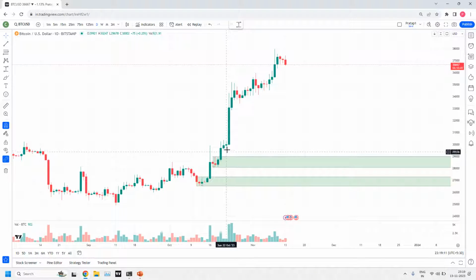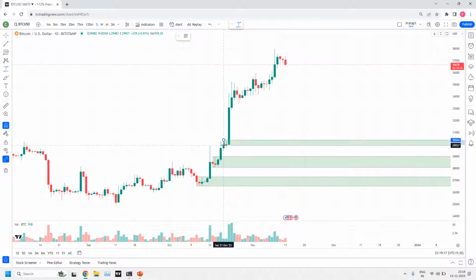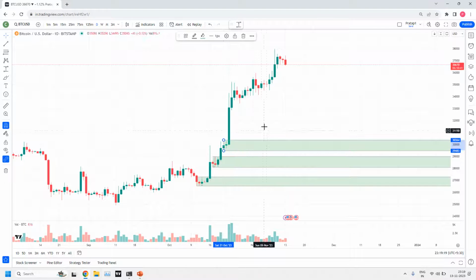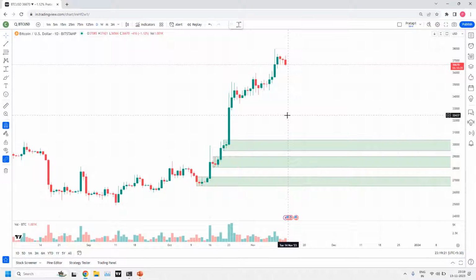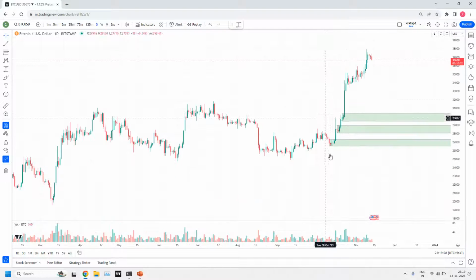Whichever is having the lowest, that is your distal line. So we have two base candles, and we have drawn the demand zone. We have seen two types of demand zones. One is a drop base rally and another one is a rally base rally.